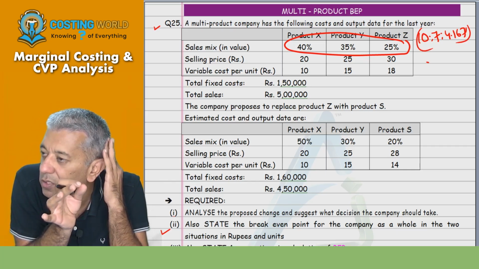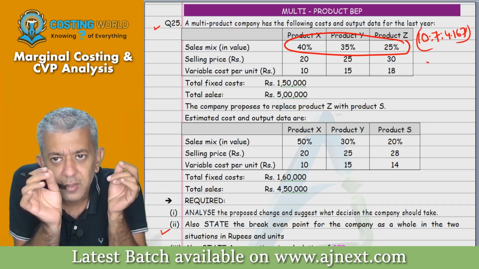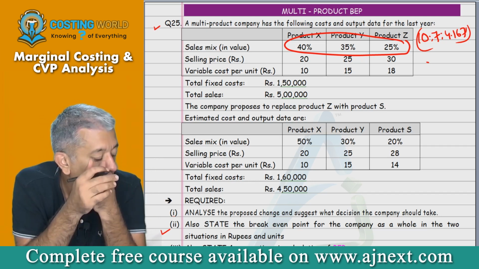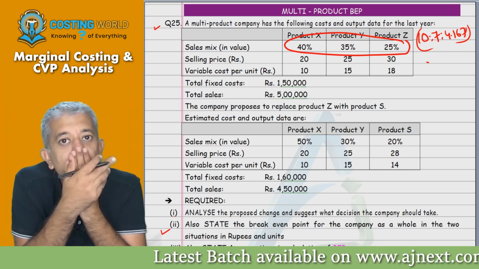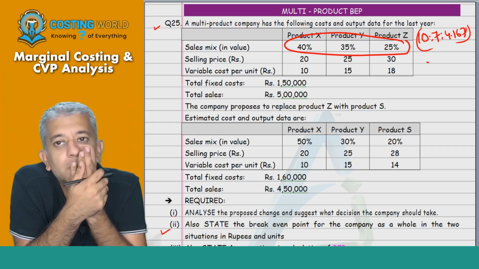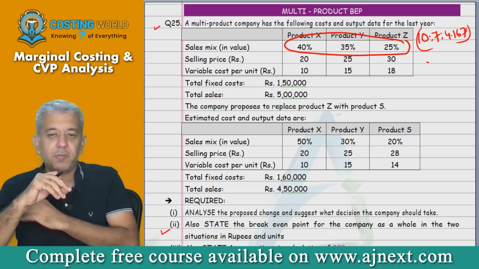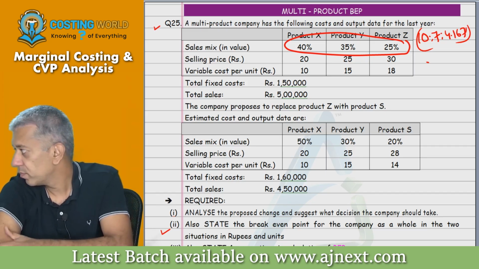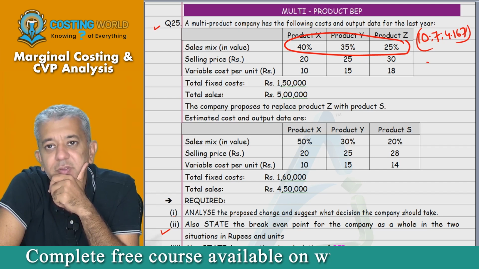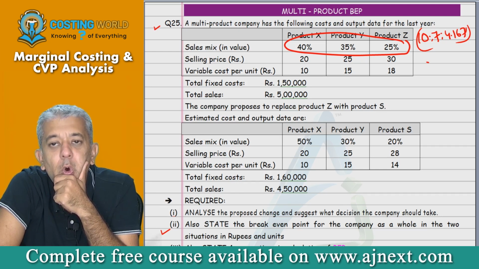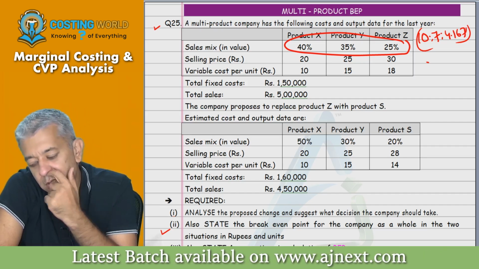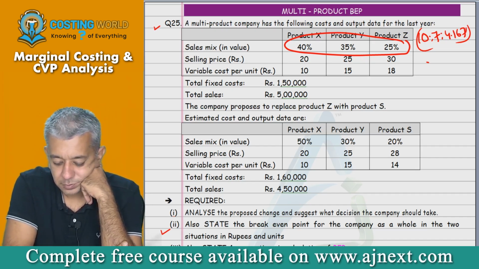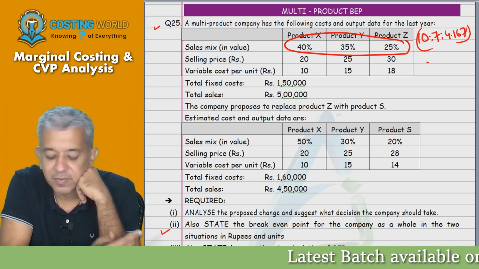Point number 4 is sales mix of the company remains constant, that is, in rupees should remain in the ratio of 40:35:25, or in units should remain in the ratio of 10:7:4.166.